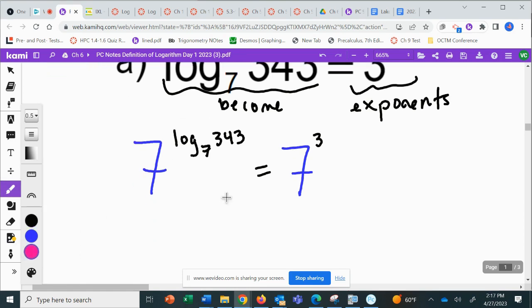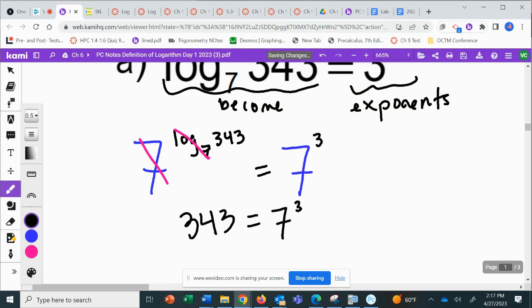So now, just like the log base 7 will cancel out the base of 7 if they're in the other order, they'll cancel out. As long as the 7 and then the log base 7 is in the exponent, they'll undo each other in that way, and I will get 343. On the other side, it's just 7 to the third.